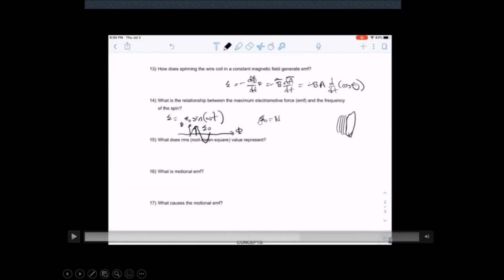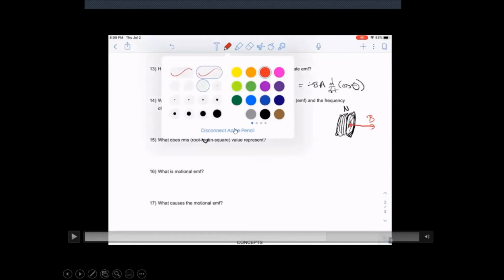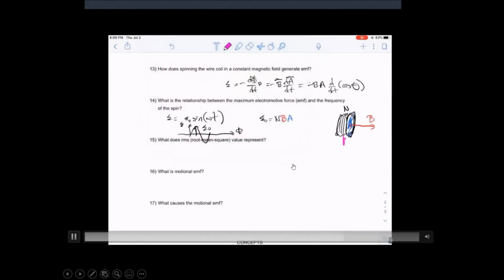This maximum electromotive force is the maximum voltage amplitude. That's your peak voltage. It depends on the number of turns, strength of the magnetic field, area of the loop, and how fast you spin it, meaning the frequency of the spin.